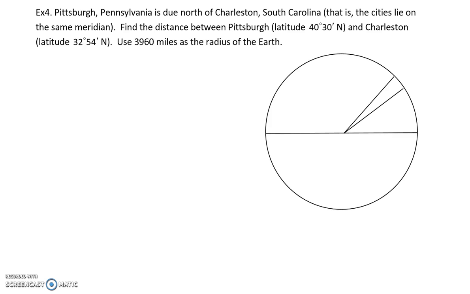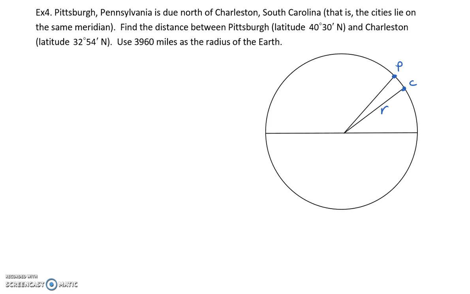So what we have here is sort of a cross-section of the Earth. And what we're saying is Pittsburgh is here, and Charleston is here. This is the radius of the Earth, so we'll call that r.